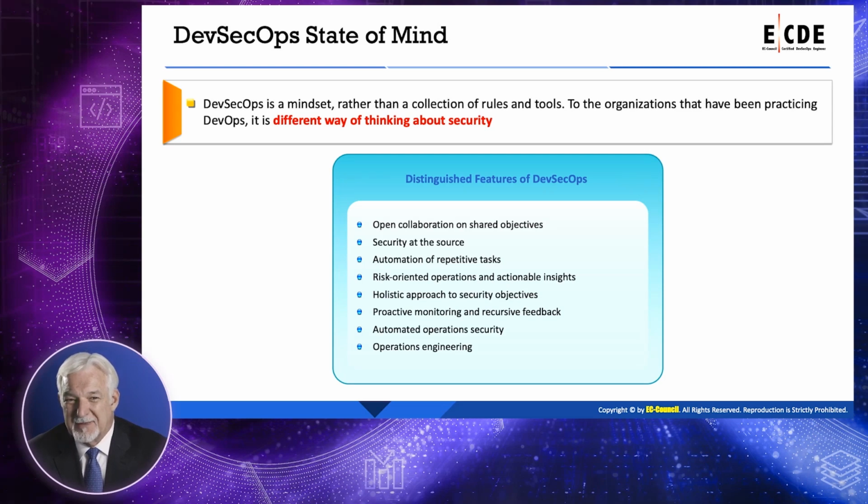With our DevSecOps mind frame, how we look at things, we want a holistic approach to our security objectives instead of just point-and-shoot type of solutions. You want to have proactive monitoring and recursive feedback throughout this entire cycle. As much as possible, automate operations with security.